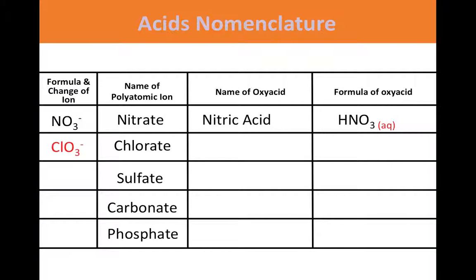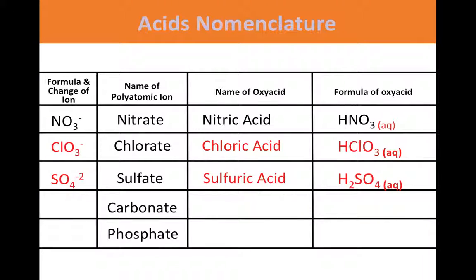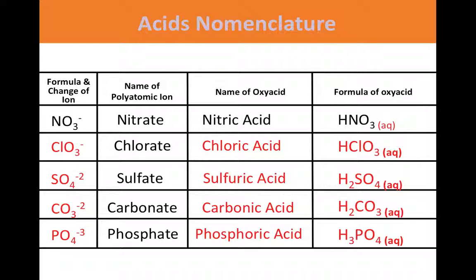Chlorate, ClO3 minus, you get chloric acid, HClO3. Sulfate, sulfuric acid, H2SO4. CO3 2 minus, H2CO3. So these are all your oxyacids. Easy to remember because it has an oxygen. It comes from a polyatomic ion.